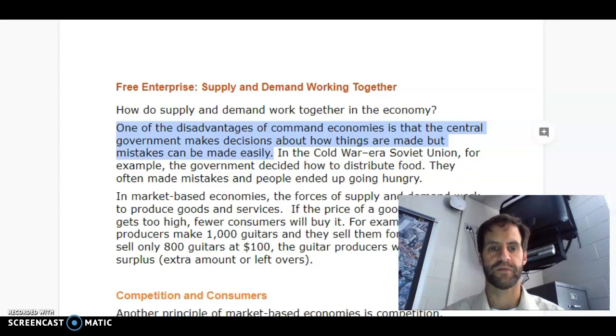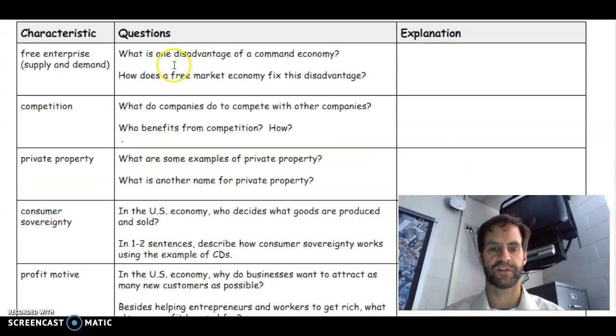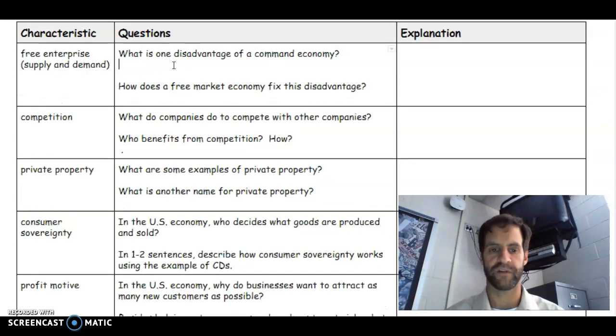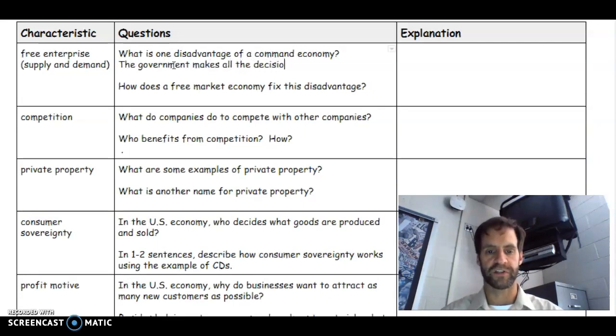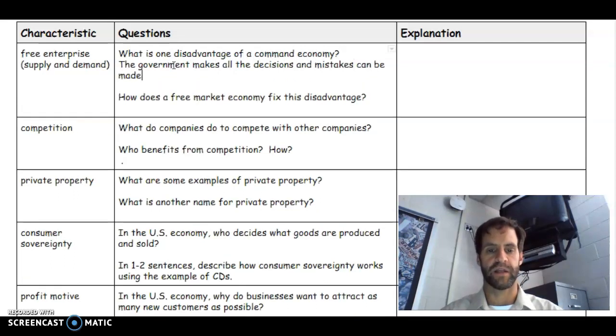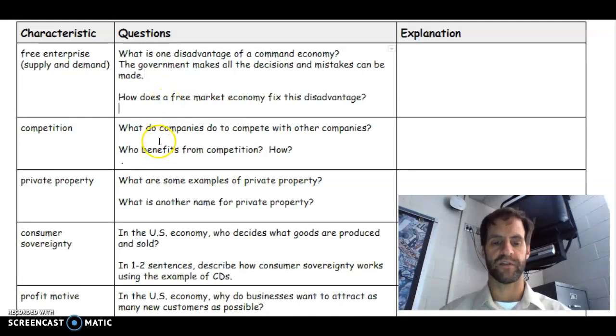I'm going to go back to the questions, and I'm going to answer that question. What is one disadvantage of a command economy? The government makes all the decisions, and mistakes can be made. Read on to find the answer to this question, and this one, and this one.